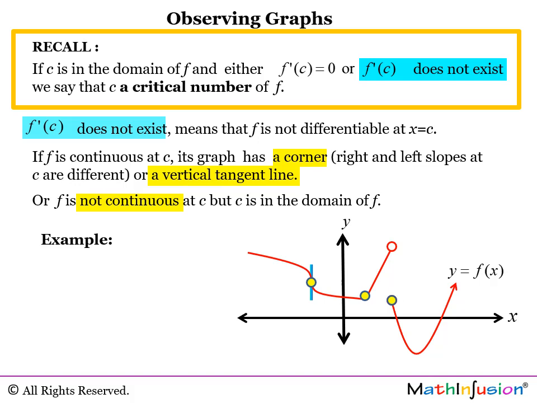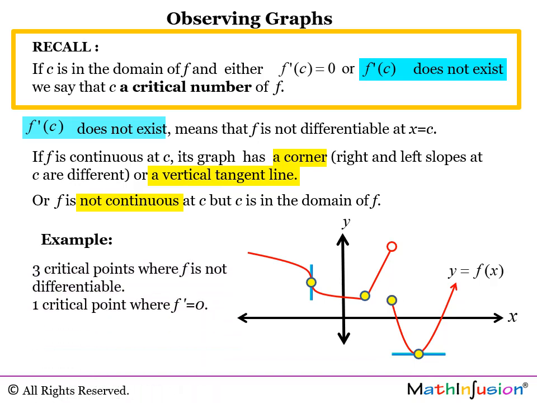We have 3 critical points here because f'(c) does not exist. But also, if you observe, we have also the first kind, because here there is a horizontal tangent line. So we can conclude we have 3 critical points where f is not differentiable, and we have 1 critical point where f' equals 0.